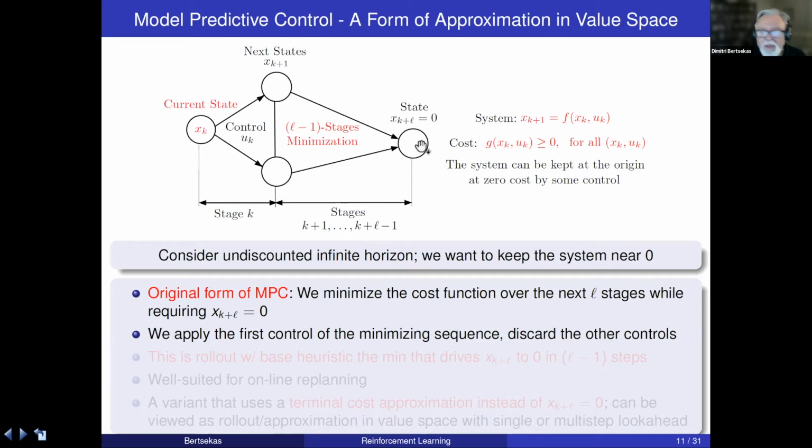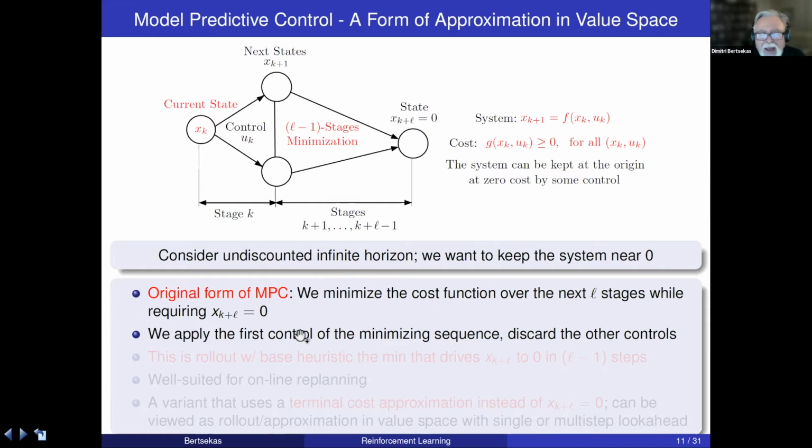Now, in the infinite horizon problem, we want to bring the state to 0 over an infinite number of steps, but this one goes L steps, which is an easier calculation. Then we obtain a sequence of controls for the first stage and for the subsequent stages.